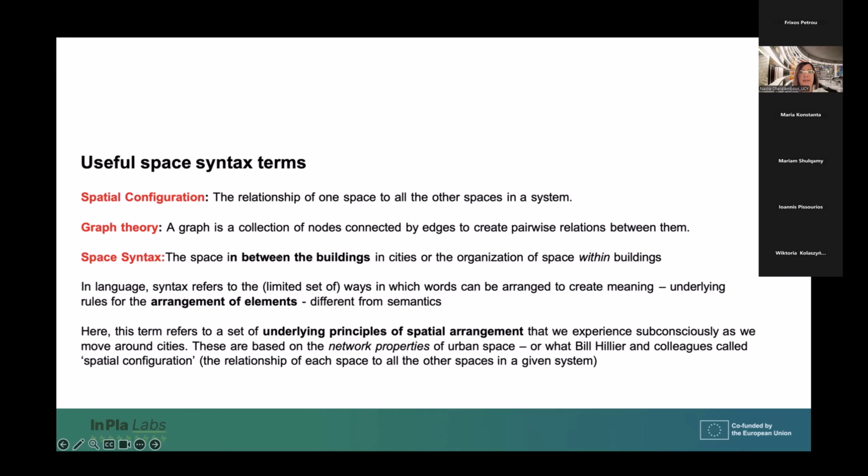So in language, syntax refers to the ways in which words can be arranged to create meaning and underlying rules for the arrangement of elements. Here, in space syntax theory, the term refers to a set of underlying principles of spatial arrangement that subconsciously, as we move around cities, we experience. And these are based on the network properties of urban space. This is what spatial configuration is about.